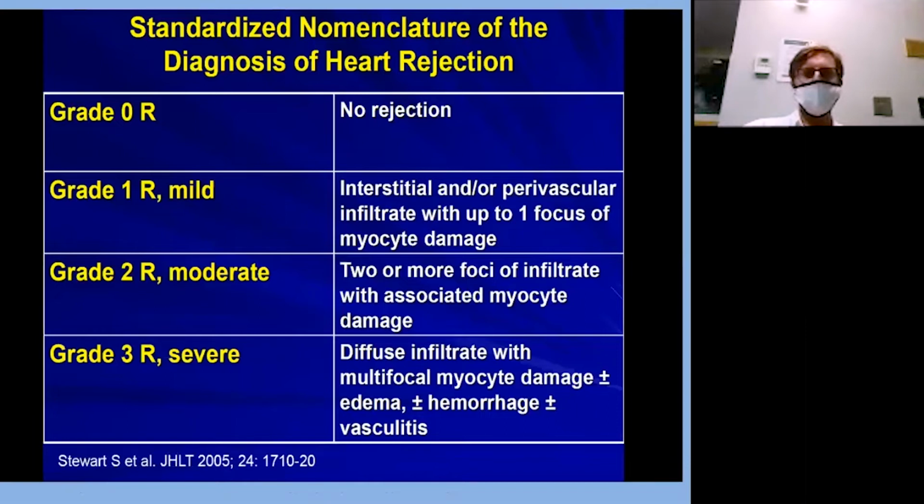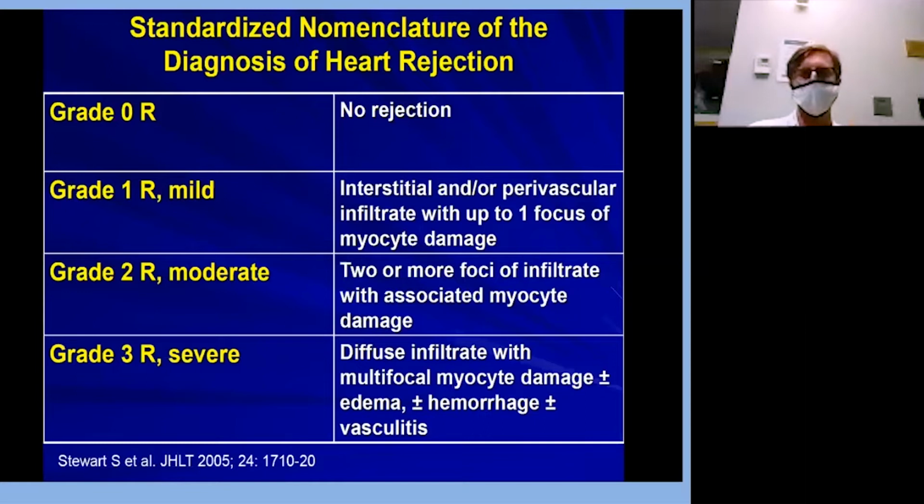In terms of the nomenclature for cellular rejection, we'll have a dedicated lecture to cellular and antibody-mediated rejection down the road, so I'll just give you a little bit of it, just to get an understanding of it. This is the current nomenclature. 0 is having no rejection at all. 1R is mild rejection.